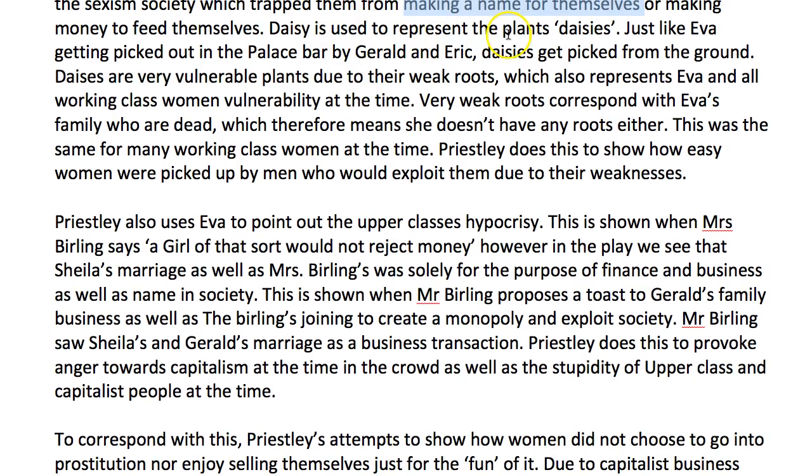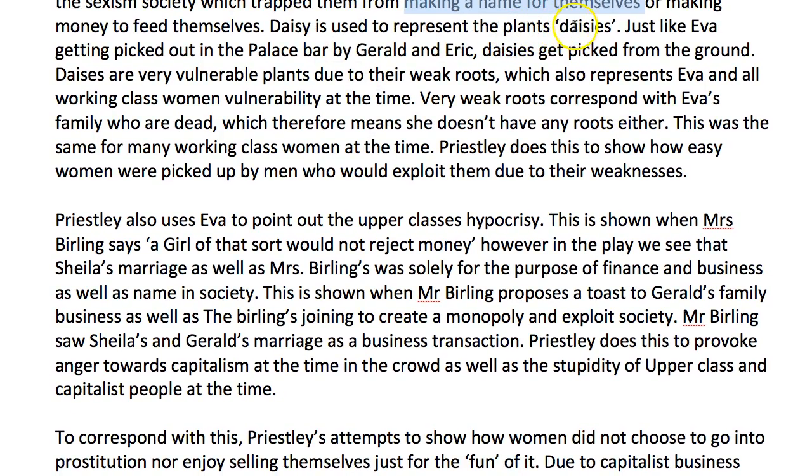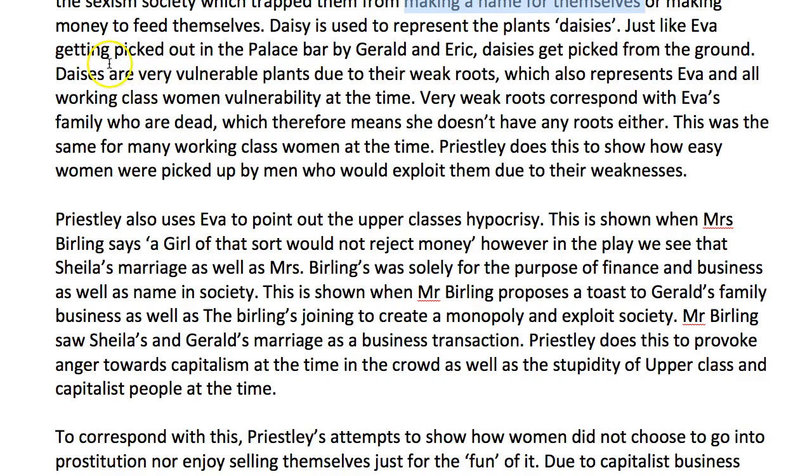Daisy is used to represent the plants daisies, just like Eva getting picked out of the Palace Bar by Gerald and Eric. Daisies get picked from the ground. Daisies are very vulnerable plants due to their weak roots, which also represents Eva and all the working class women's vulnerability at the time.